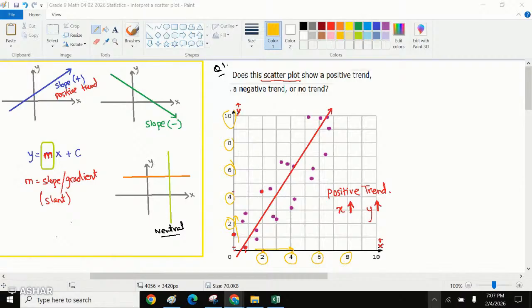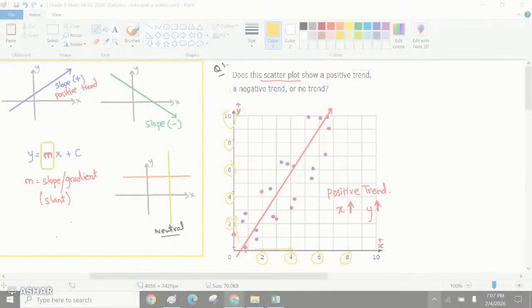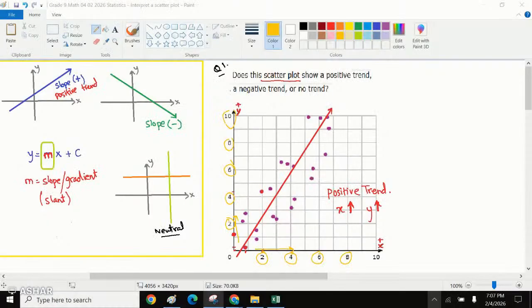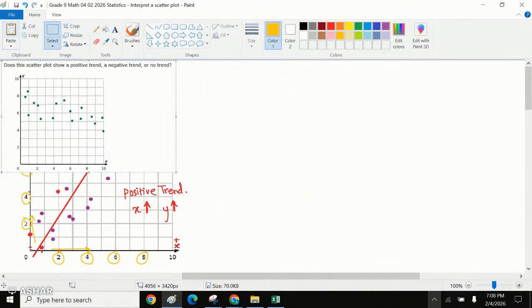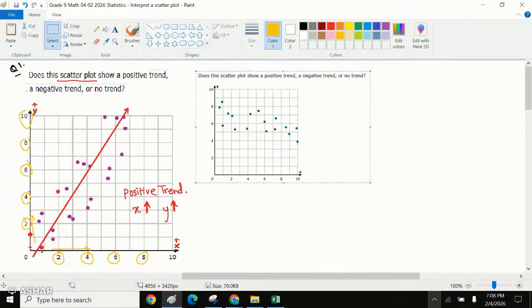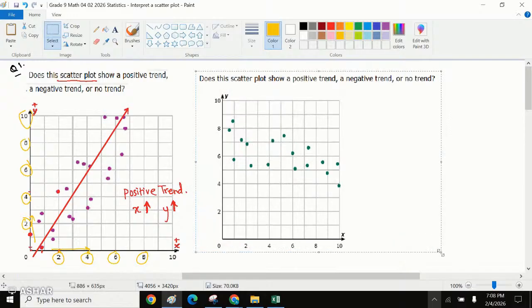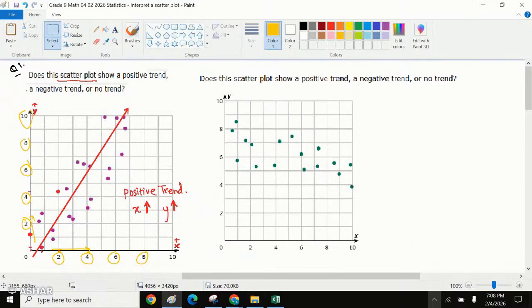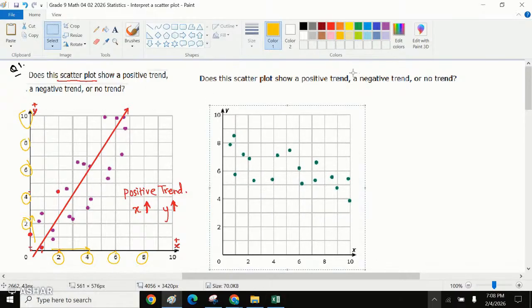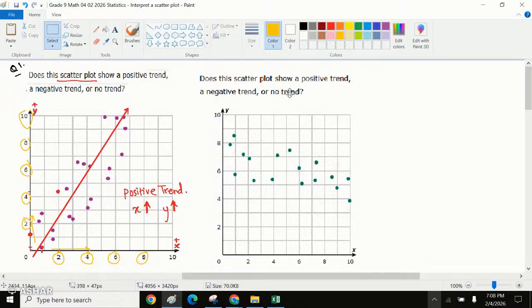So the next question says, what does this scatter plot show us? Okay, I'll just copy the next question. And question number 2 states that if we have a scatter plot, I'll just draw it over here. If we have a scatter plot, does this scatter plot show a positive trend, negative trend, or no trend?